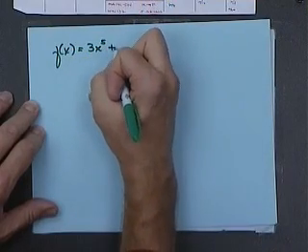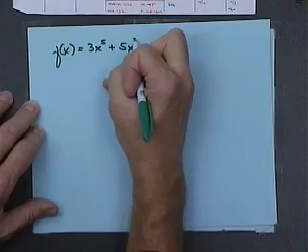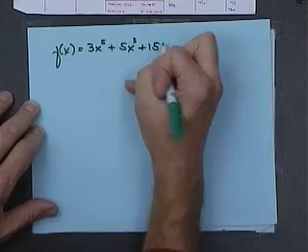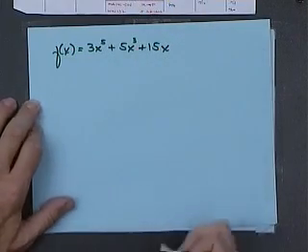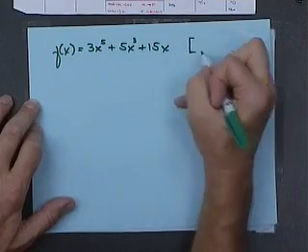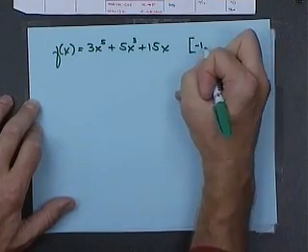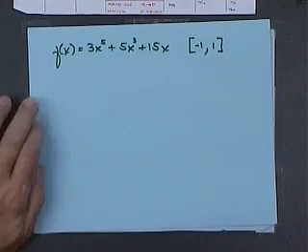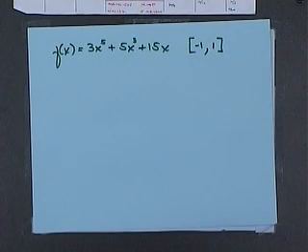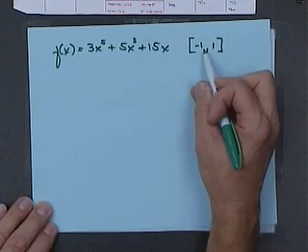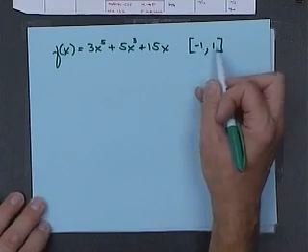So: f(x) = 3x^5 + 5x^3 + 15x, and the interval is -1 to 1. Supposedly there is a value somewhere between -1 and 1 such that the derivative at that point is the same as the slope of the secant line that connects these two points on the curve.